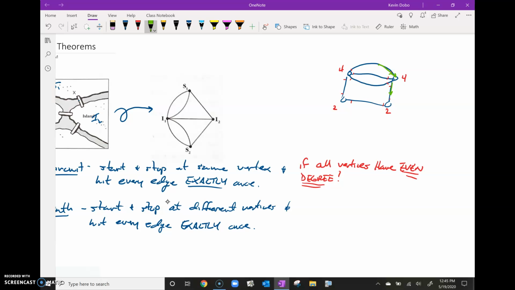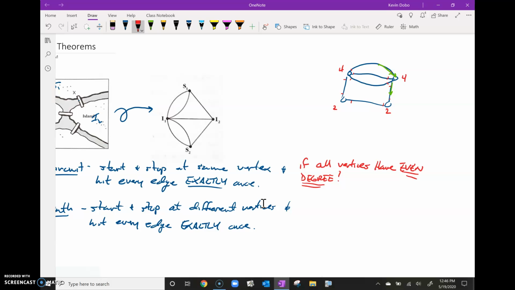If there's one way in and one way out, that still gives a degree of 2. So you want to think about having a way to get back off of the vertex. Once you hit a vertex, is there a way to get back off of that vertex? So that's for an Euler circuit.